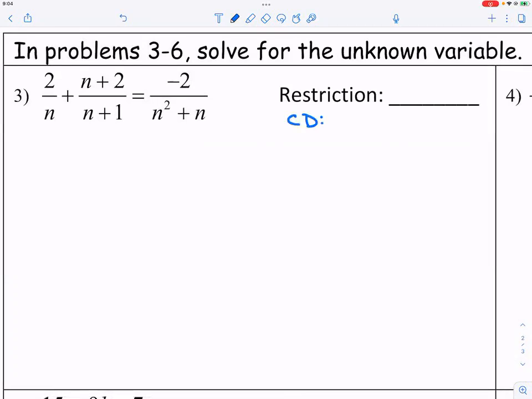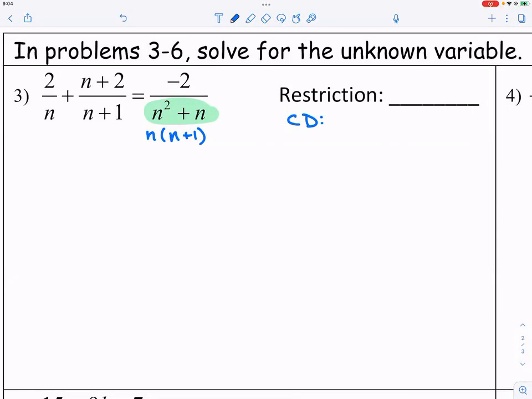In order to determine the common denominator for these questions, I need to make sure that I factored everything possible. For this one right here, n squared plus n, it will be much better to look at it as n times n plus 1.